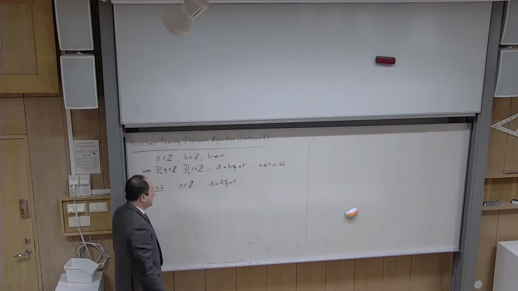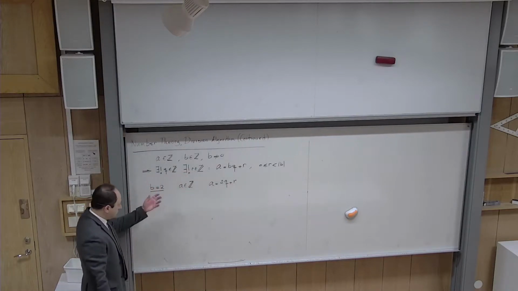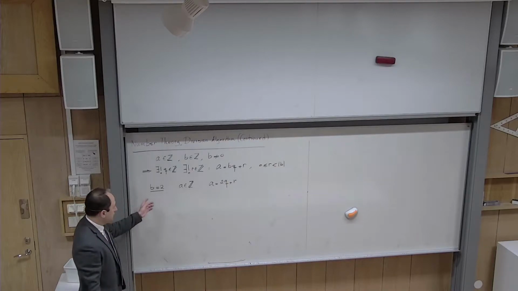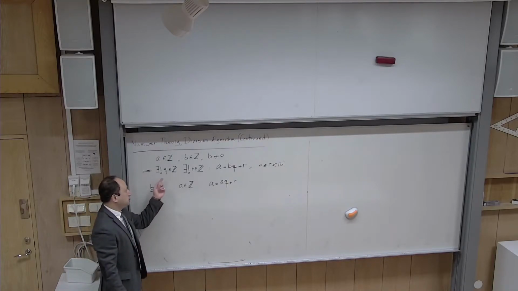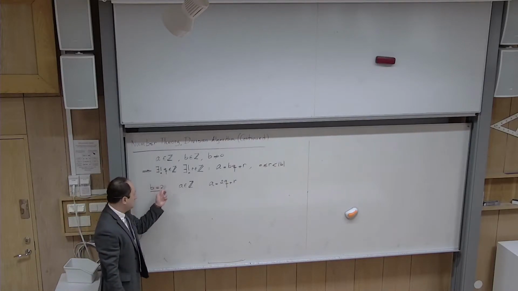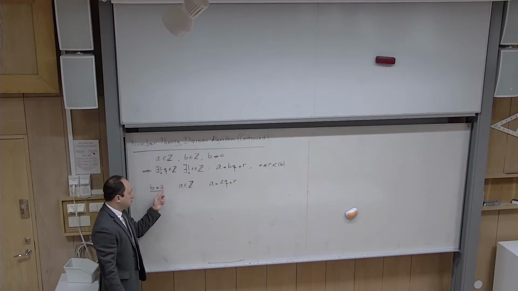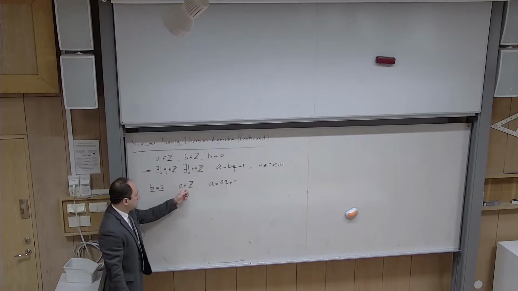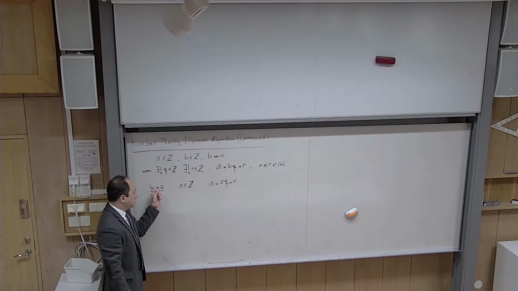First of all, you might ask why I have chosen 2. You have to be patient and you will see why, okay? But for the time being, let me rewrite this theorem for b equals 2, and a is any number that you like. I don't have any restrictions on a, but I have chosen b to be 2.